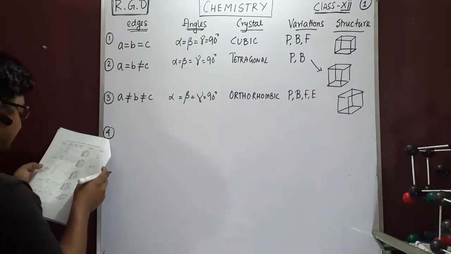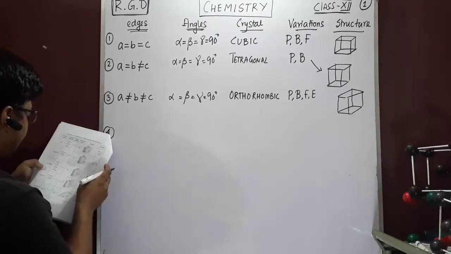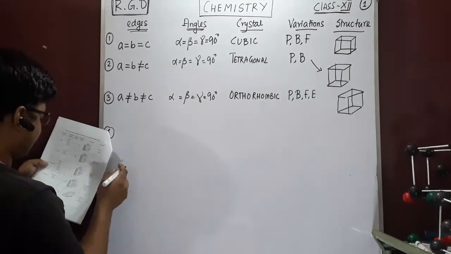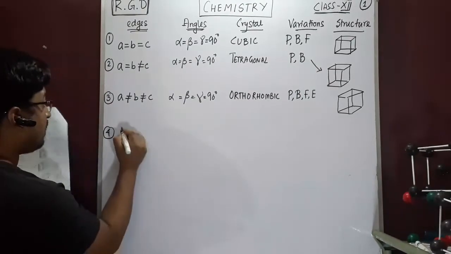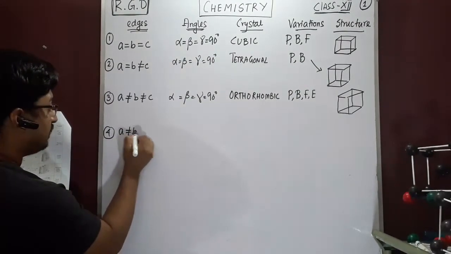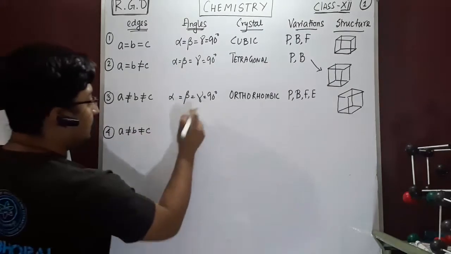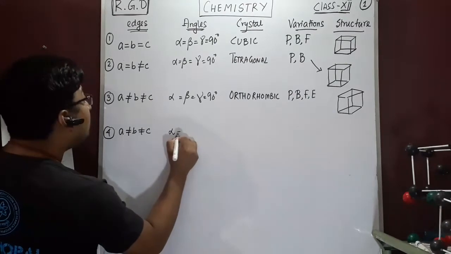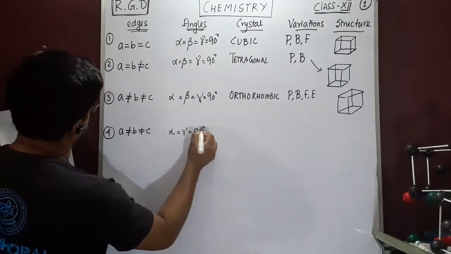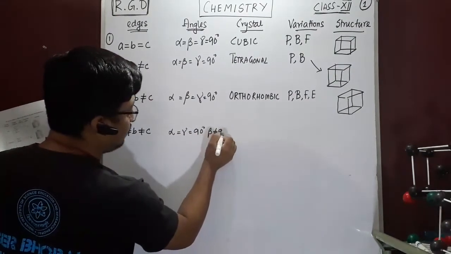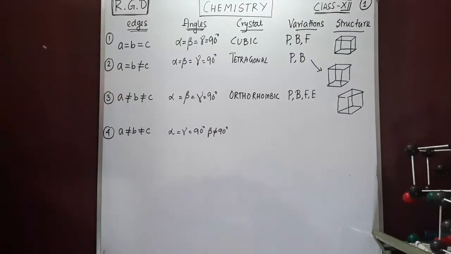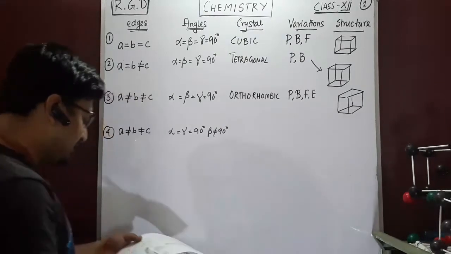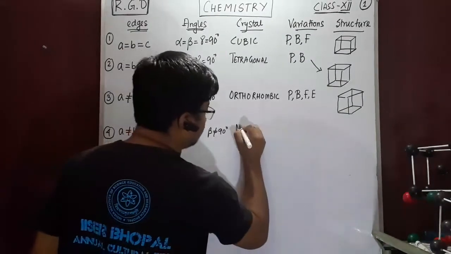Now next, I will take this example. Your A not equal to B, not equal to C, and this variation: alpha is equal to gamma is equal to 90 degrees, but beta not equal to 90 degrees. Okay, so this is kind of a tilted thing. So this is known as your monoclinic.